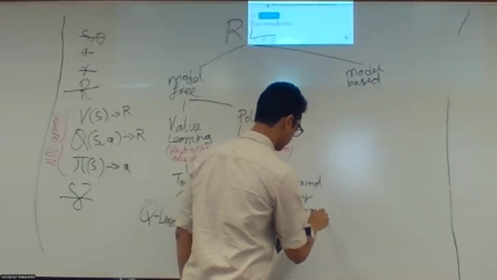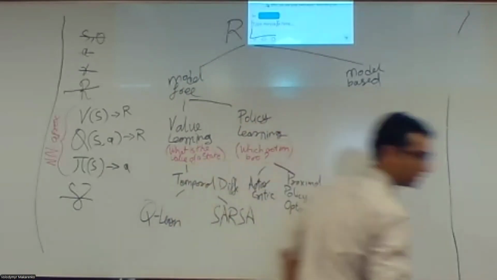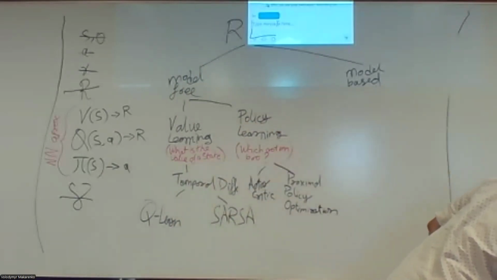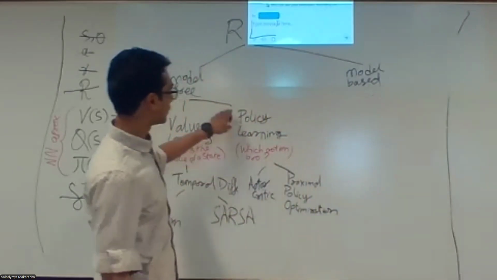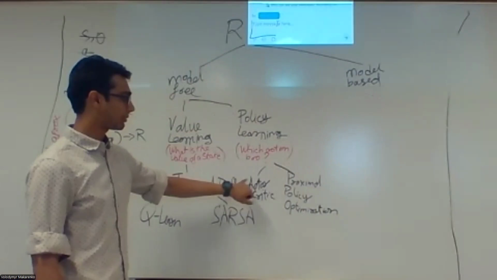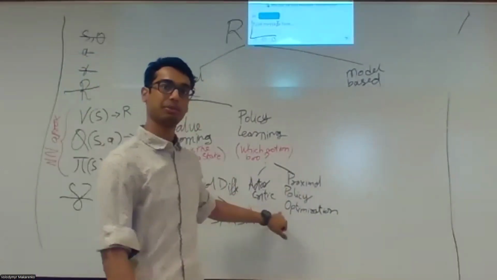With policy learning, there is the actor-critic method and proximal policy optimization.